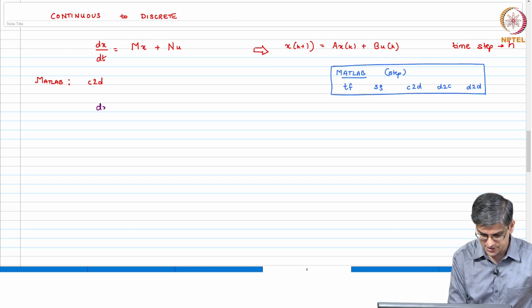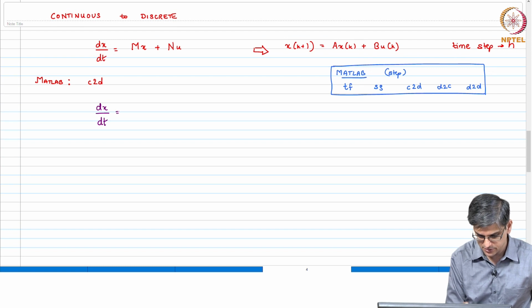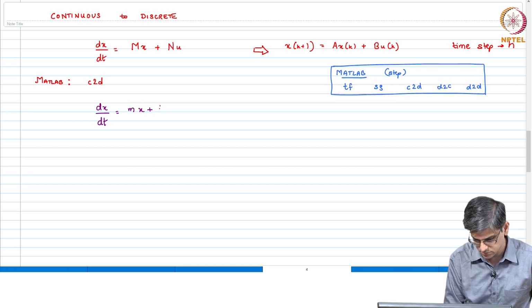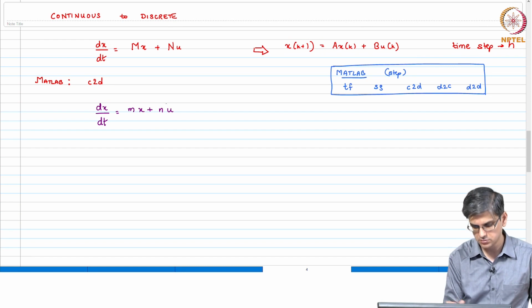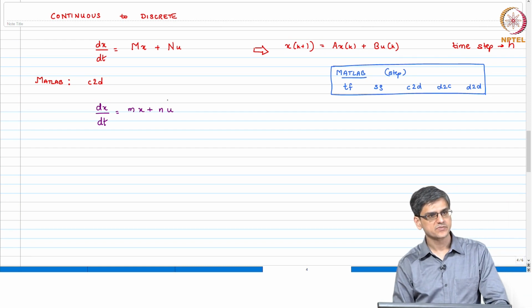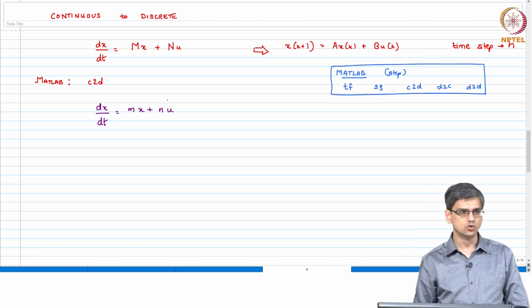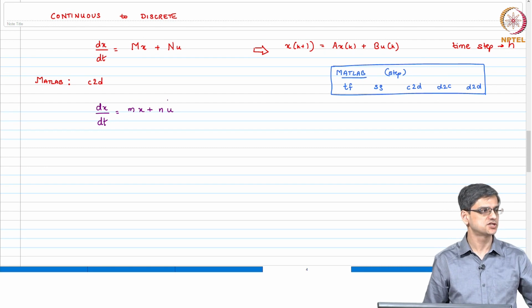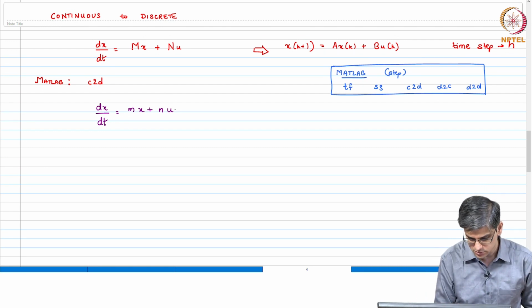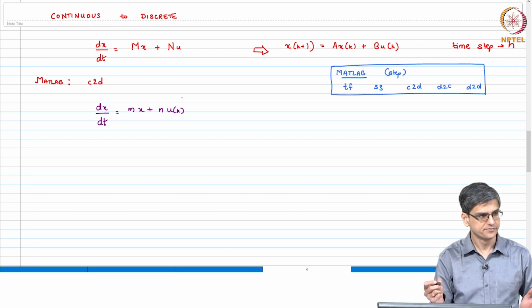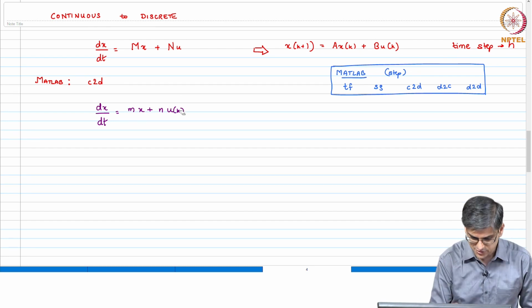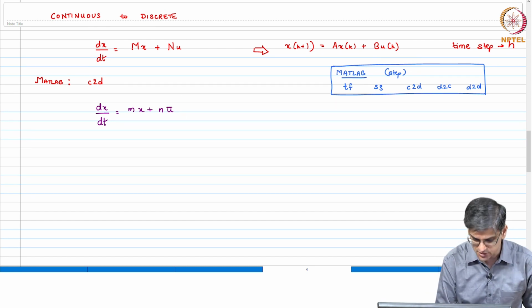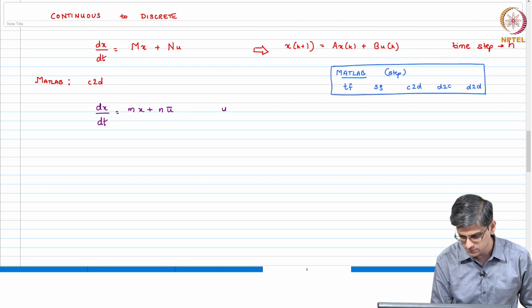Let us say you had dx/dt equal to ax plus bu, where u let us say was held constant at a value u_k. Instead of calling it u_k I will just call it u bar.